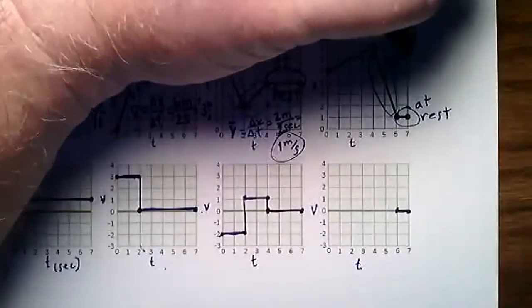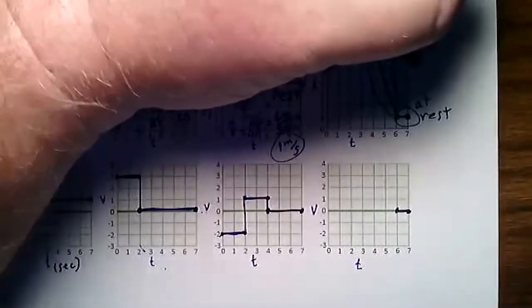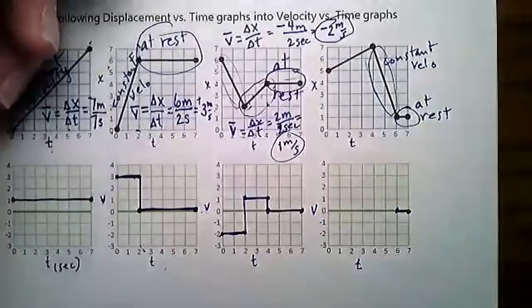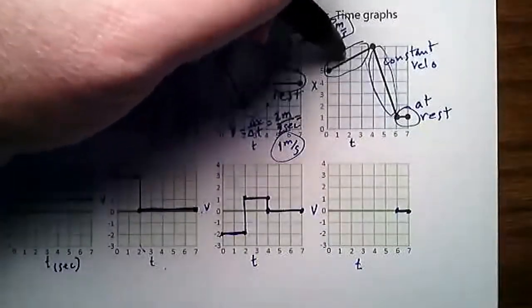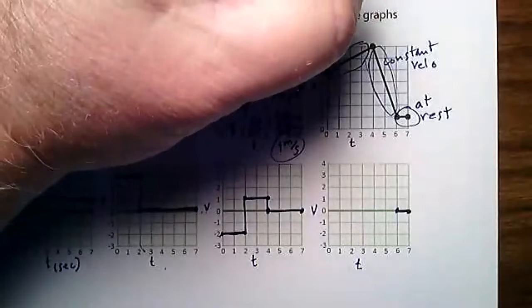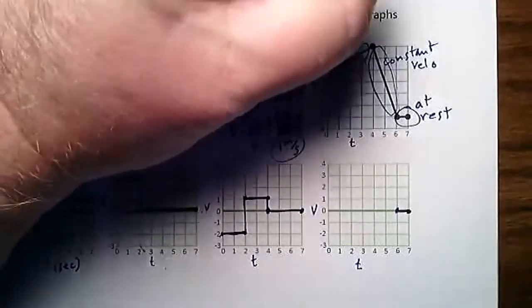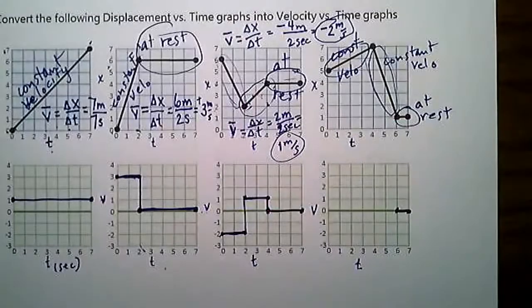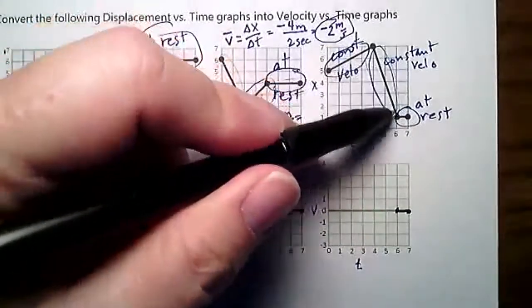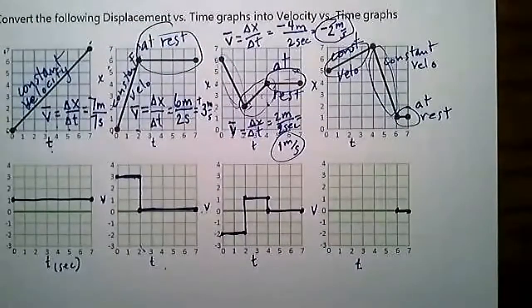This is constant velocity. All right, and really, while we're at it, here's another straight line at some angle. This is a constant velocity too. So let's tackle this one first. We'll kind of work it backwards, but it really doesn't matter. You can do these in any order you want.